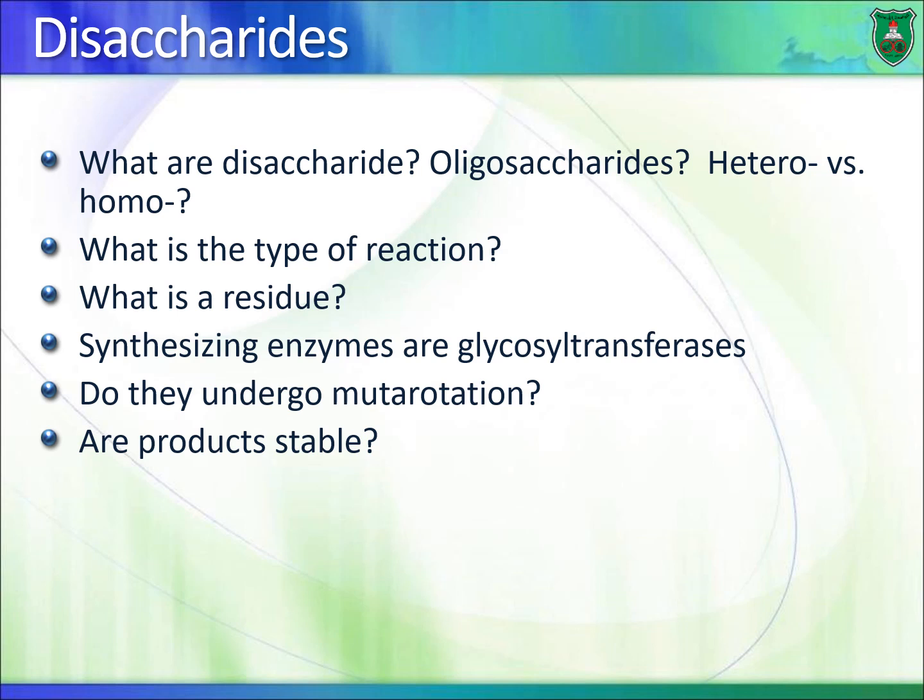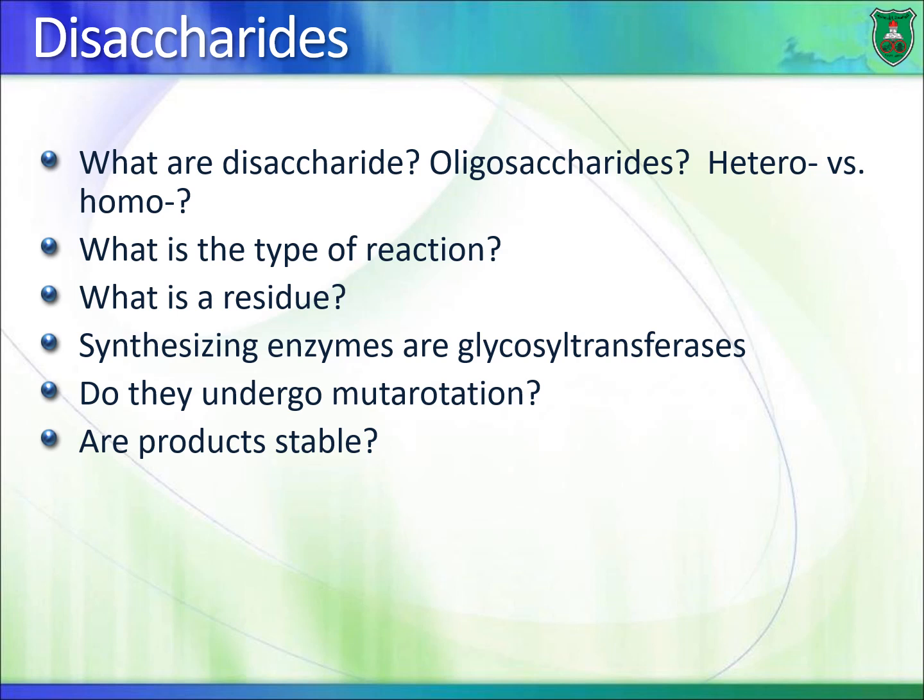Now this is an enzymatic reaction catalyzed by enzymes known as glycosyl transferases. So the link between the two monosaccharides is very stable. And once you have a reaction, a connection between two monosaccharides, the involved anomeric carbon does not rotate.